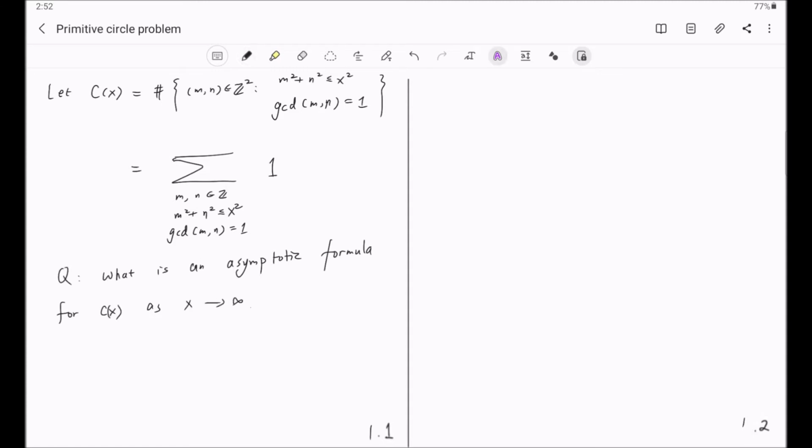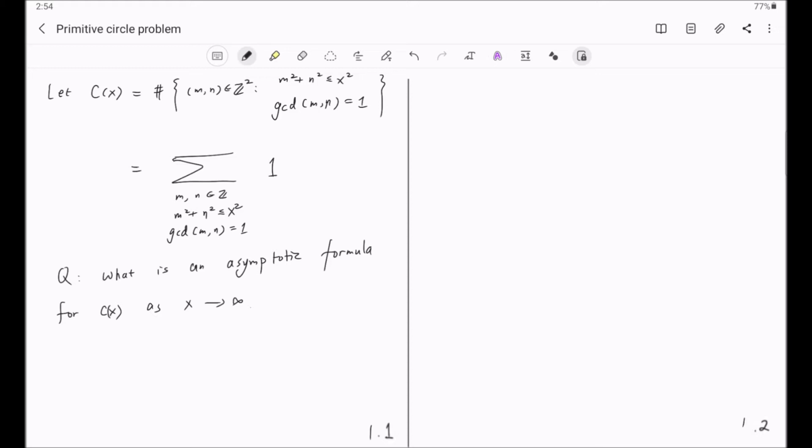The purpose of this lecture is to introduce an asymptotic formula for c of x using the same method we used in the proof of Mertens' theorem, as well as an elementary estimate we derived earlier in the Gauss circle problem.